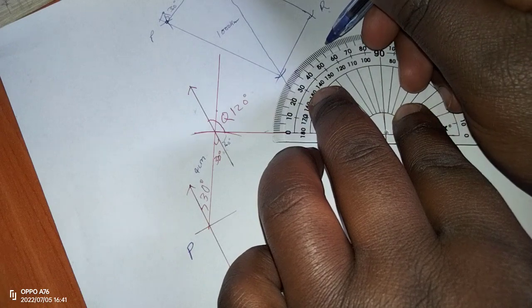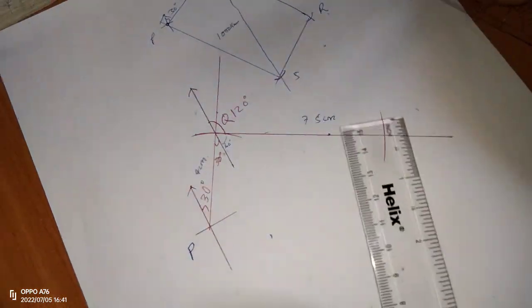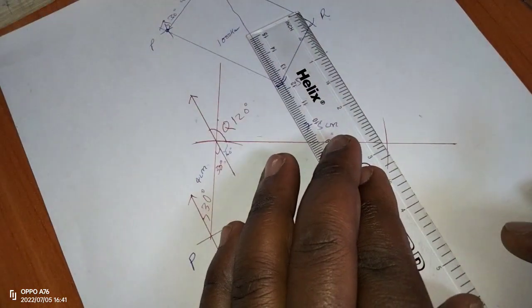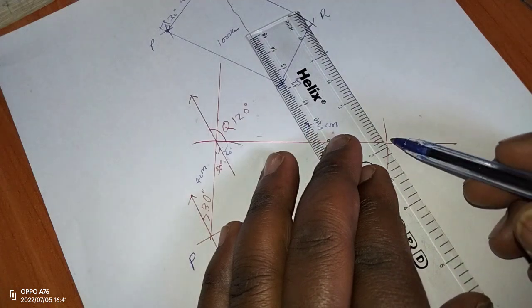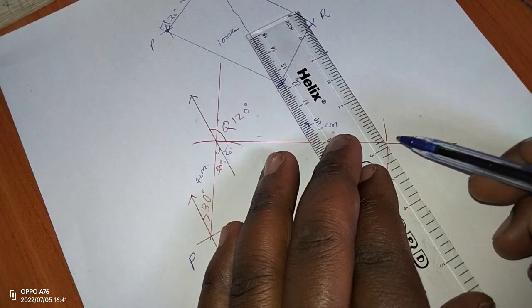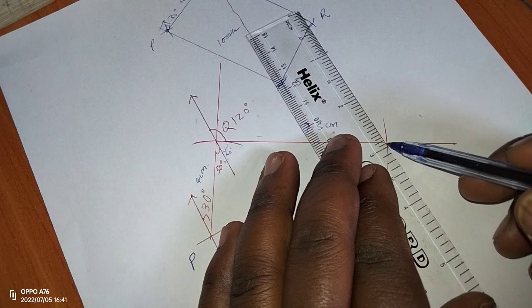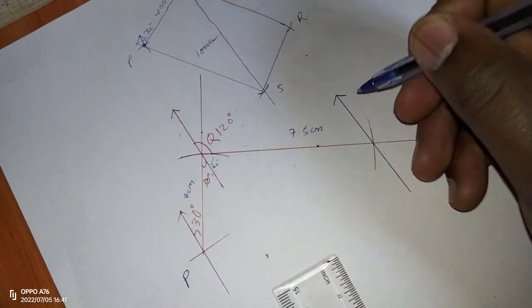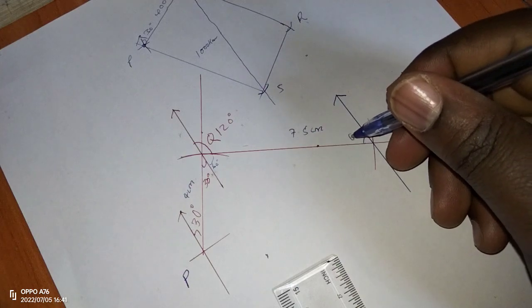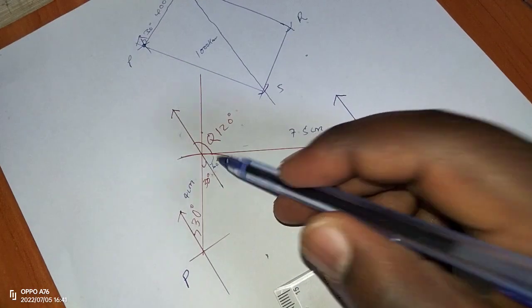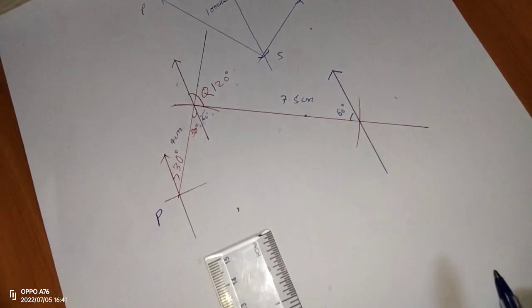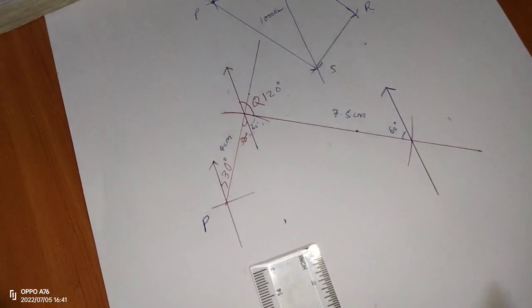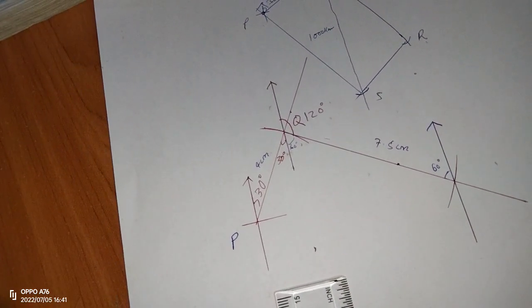Now, using that measure of 60 degrees, I should raise a compass, a perfect north at this point, such that we have 60 degrees here. So you realize my norths are perfectly parallel to one another.